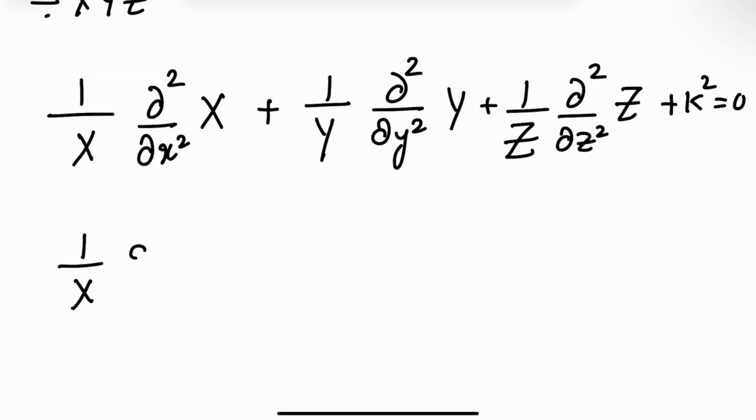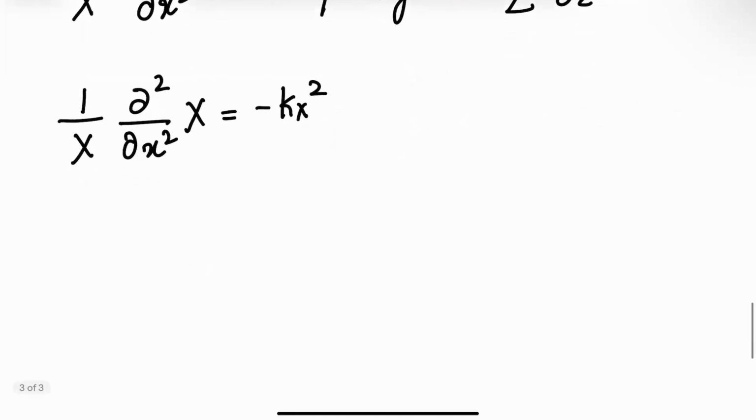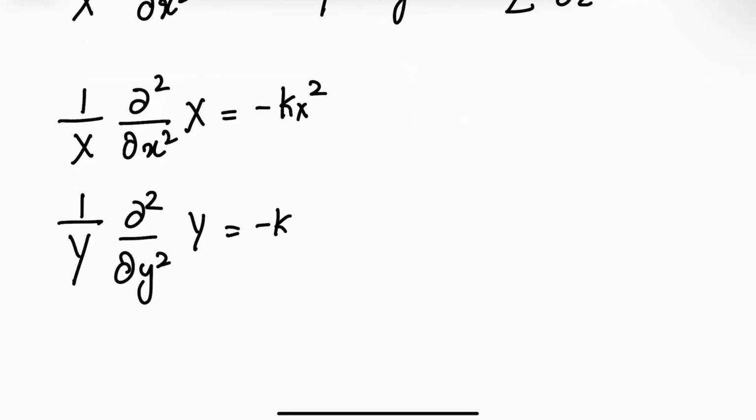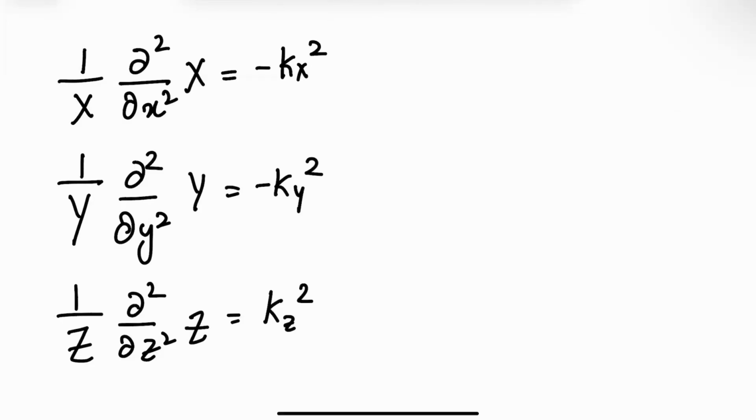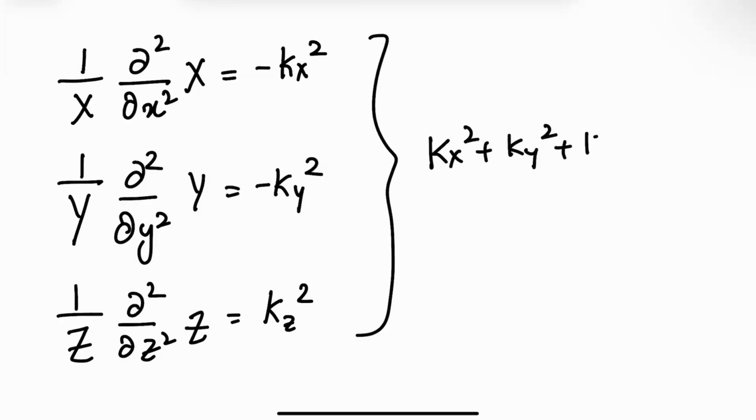So we'll call each constant: 1 over X, d square over dx square of X, equal to minus kx square. Similarly, you have 1 over Y, d square over dy square of capital Y equal to minus ky square, and 1 over Z, d square over dz square of capital Z equal to minus kz square. Okay, so putting all of these together, we get kx square plus ky square plus kz square equal to k square.